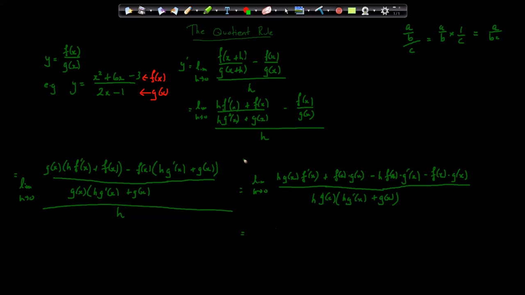Okay, so next step, we do have a little bit of simplification we can do. Notice that we've got that and that cancelling. And if you look at the remaining terms on top, we actually have a common factor of h here and here.